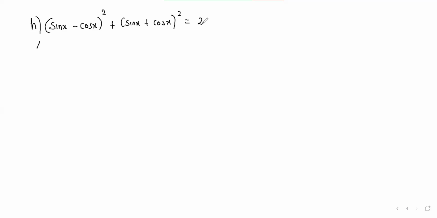You start from the left side. You expand. So we have sin squared x minus sin x cos x plus cos squared x, plus sin squared x plus 2 sin x cos x plus cos squared x.